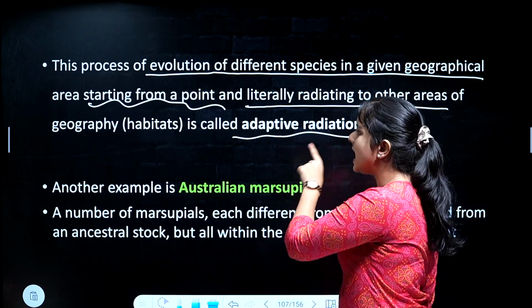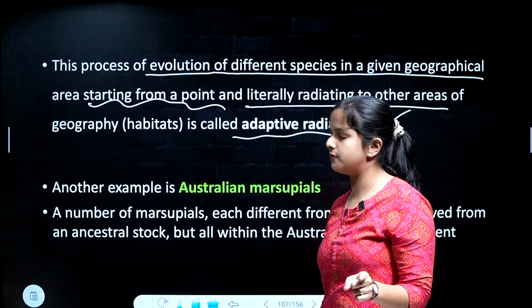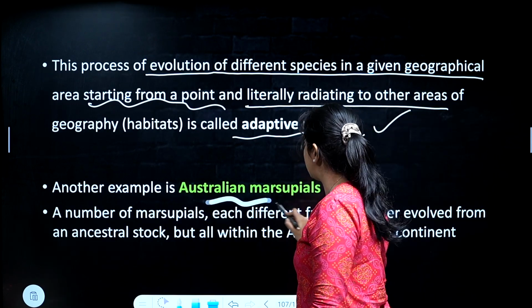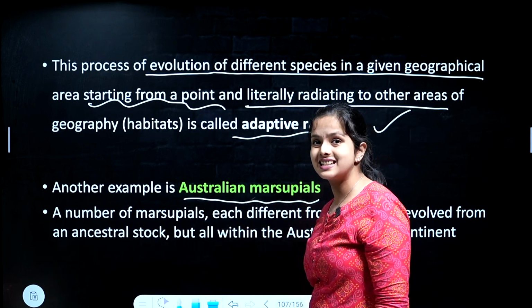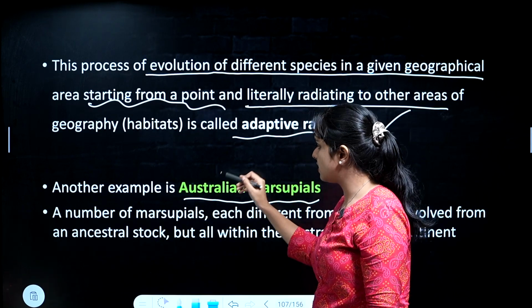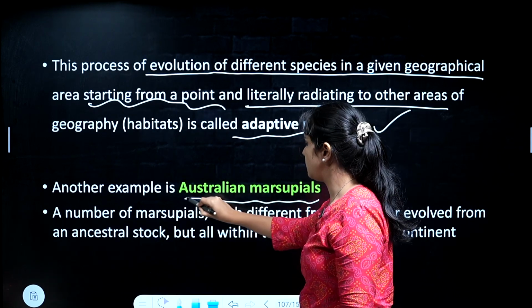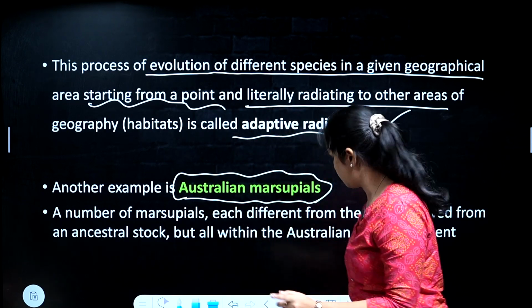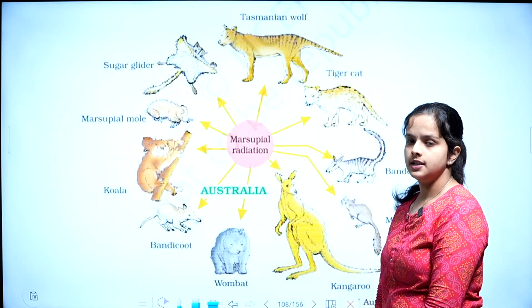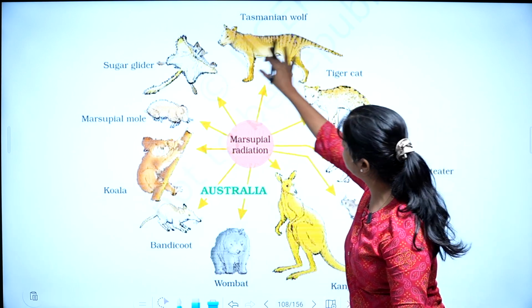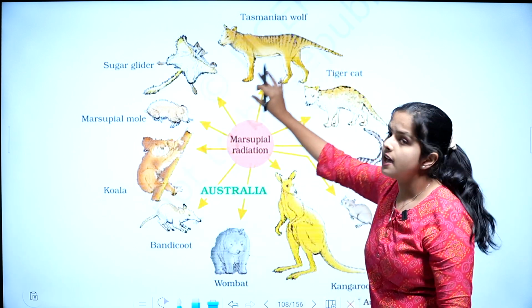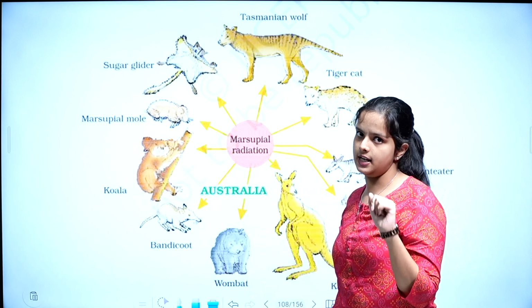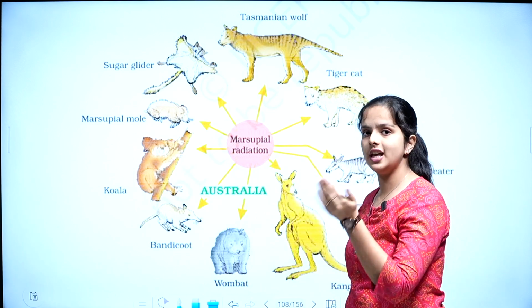You can see adaptive radiation not just in Darwin's finches, but also in Australian marsupials. I'll show you a picture. See, this is the Australian marsupial, and you have different varieties of marsupials which arose from a single variety due to their adaptations or requirements.